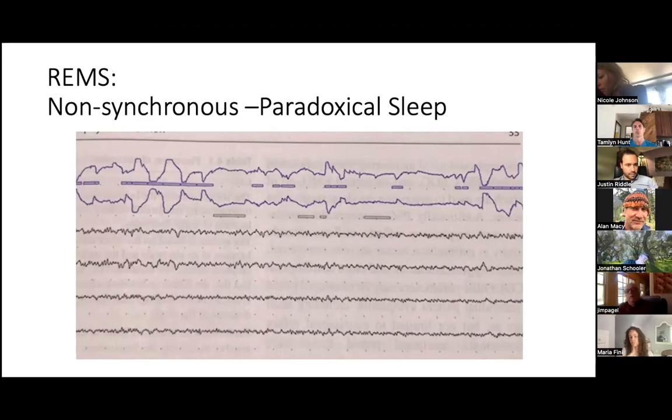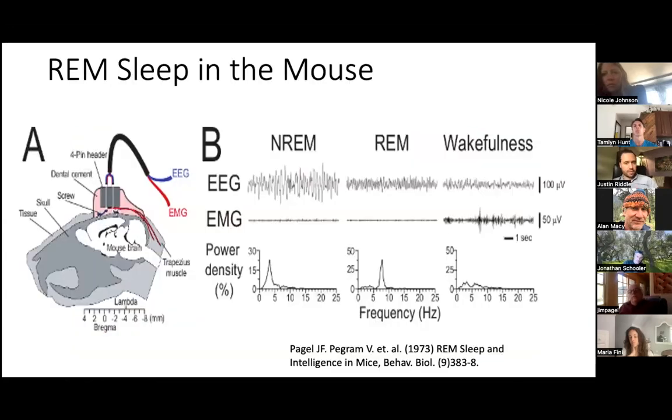Now, people went around calling it for years, and people still call it paradoxical sleep or non-synchronous sleep. This is what REM sleep looks like in a mouse, and this is some of my original work, going back to before most of you were born when I was doing this. REM sleep is a wonderful synchronous event of theta in a mouse.